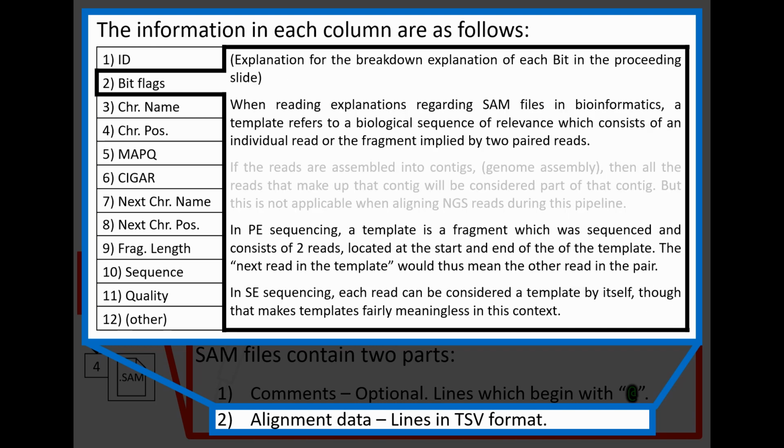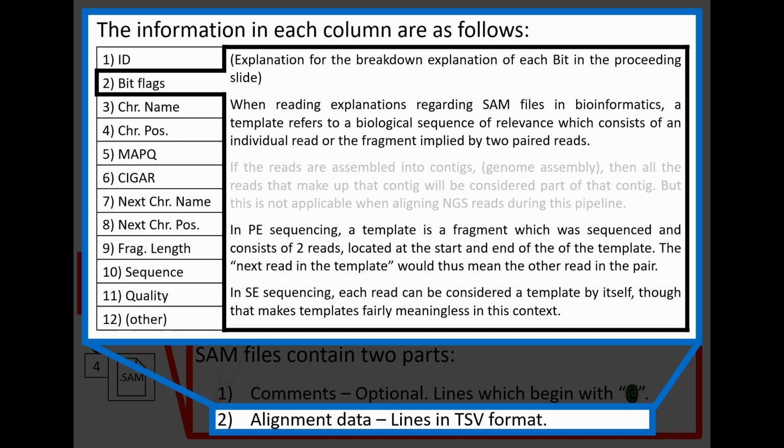Now, before I explain what each of the flags are, I will need to explain what I mean by the word template. When I talk about SAM files in bioinformatics, a template refers to a biological sequence of relevance which consists of an individual read or the fragment implied by a read pair. In paired end sequencing, a template is a fragment which was sequenced and consists of 2 reads, located at the start and end of the template.